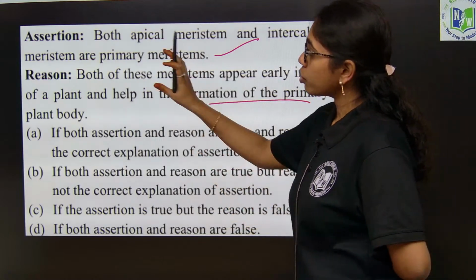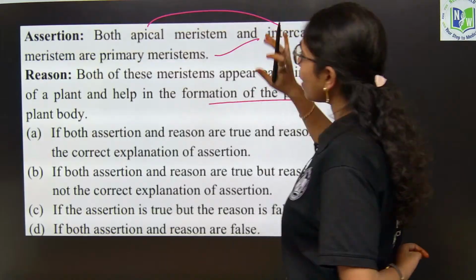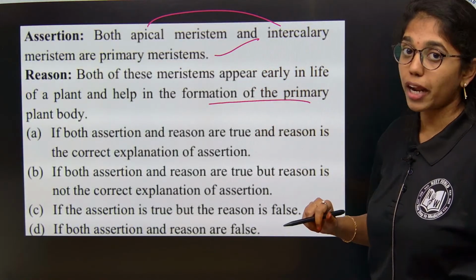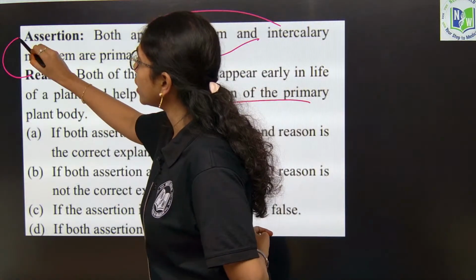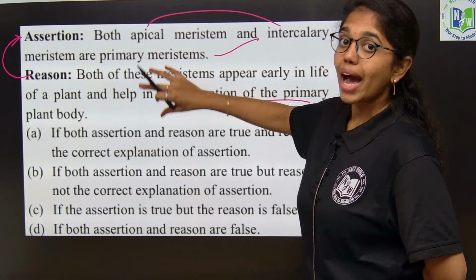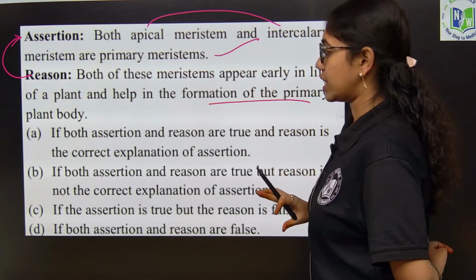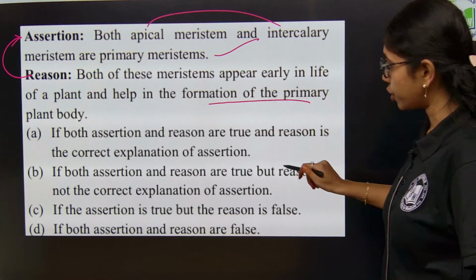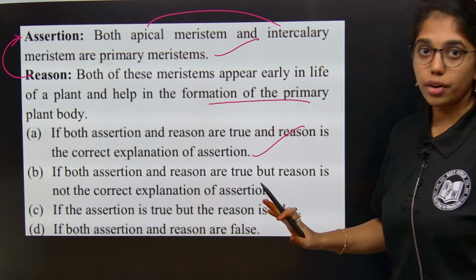True, right? So the assertion says apical meristem and intercalary meristems are primary meristems, and the function of these primary meristems is clearly explained in the reason. Okay. So assertion and reason are true, and reason is the correct explanation of assertion. So here A and R are true and reason is the correct explanation of assertion. Option A is the right answer.